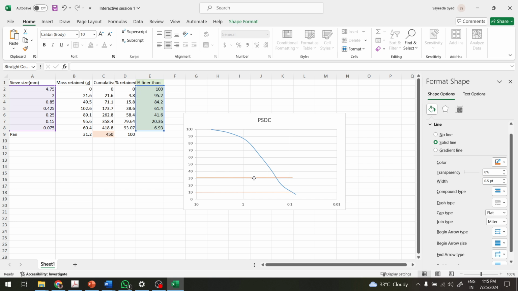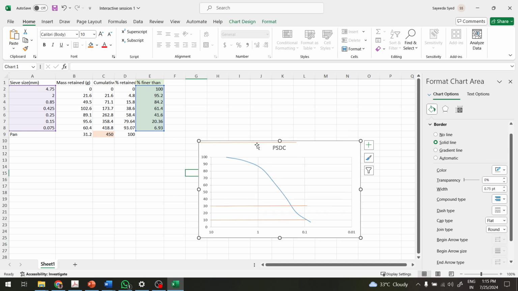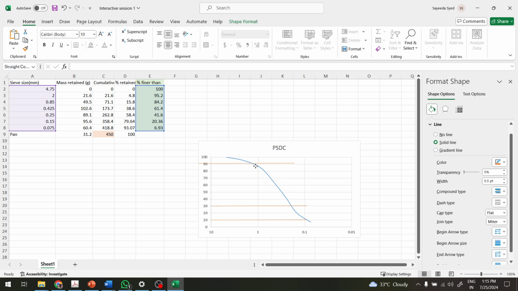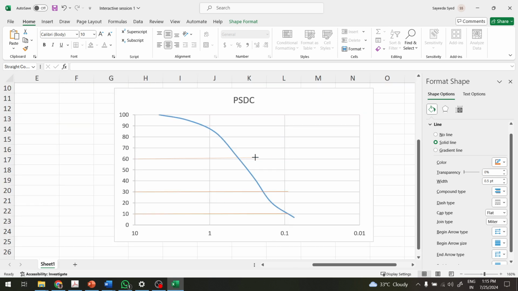Similarly, this will be our D30, and this will be our D60. Okay. Till here. This will be till here.